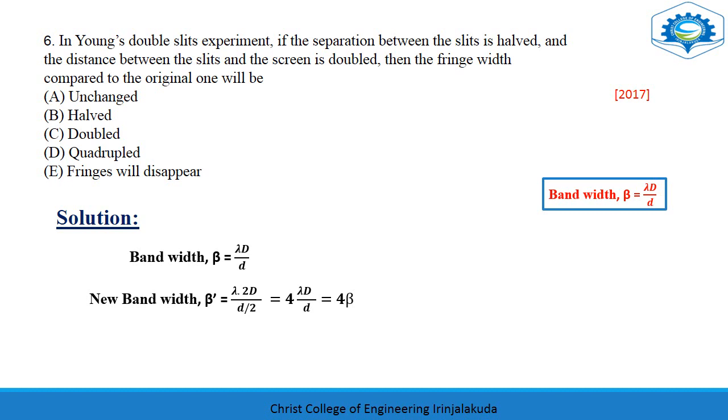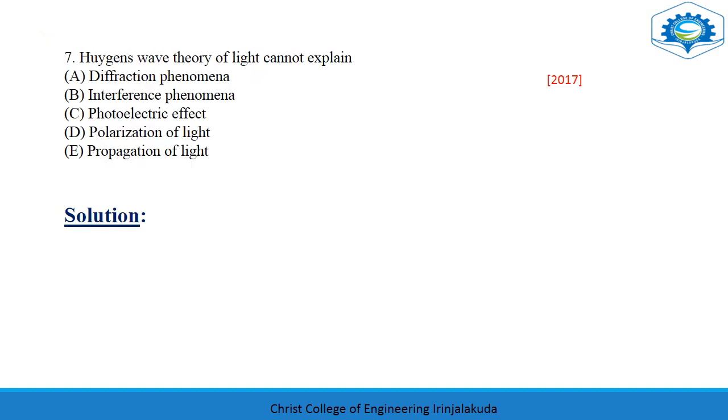Then beta dash is equal to lambda into 2D, instead of D we write 2D, double the value, divided by small d halved, so d by 2. Then by calculation we get 4 into lambda D by d, that is 4 times the initial fringe width. So we can write that the fringe width is quadrupled. So the answer is D.